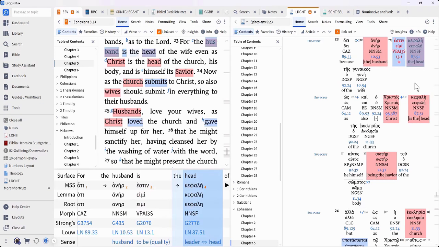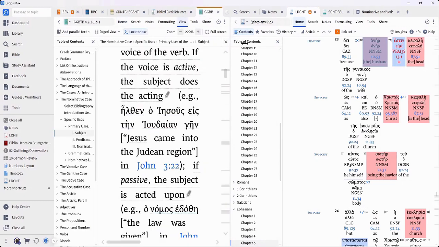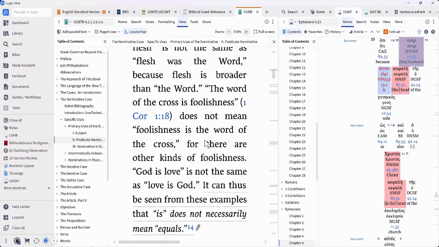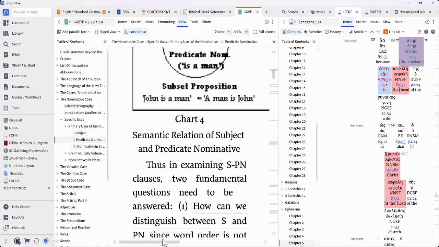I did not want to get into it now, but very briefly, the major difference between the subject and the predicate nominative is where one equals the other, or the predicate nominative is a subset of the subject. The best one who brings that out is Bill Mounce. He's got this nice little graphic here. I didn't want to get into it, but since it's in our passage, I'm going to address it.